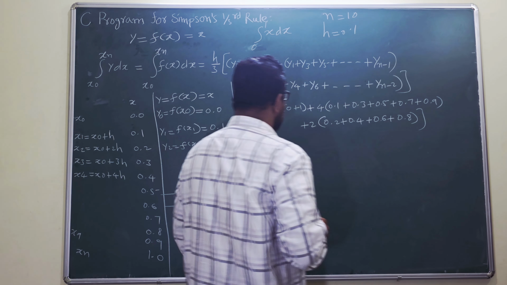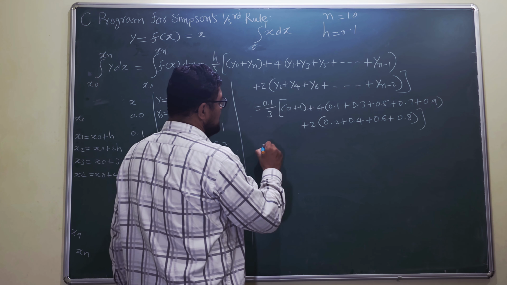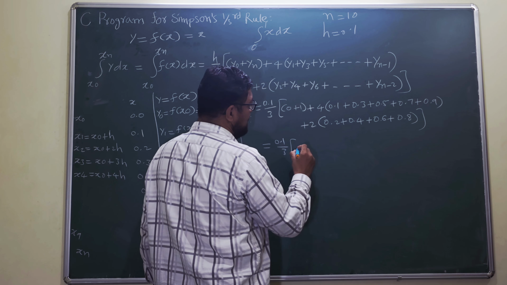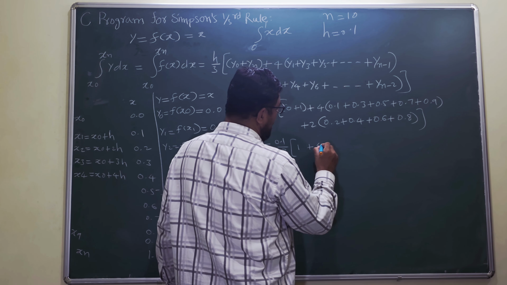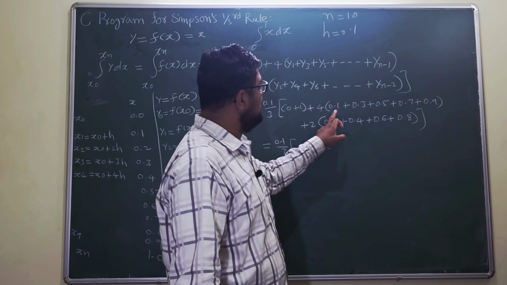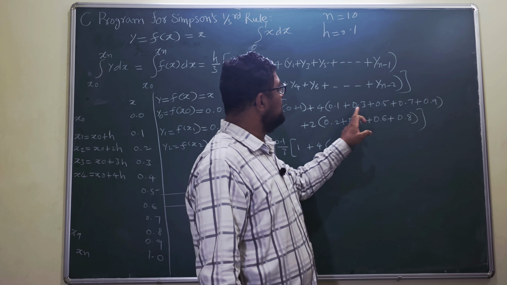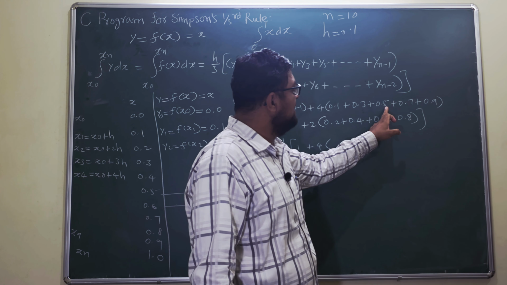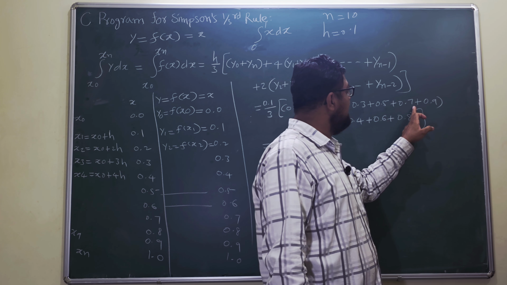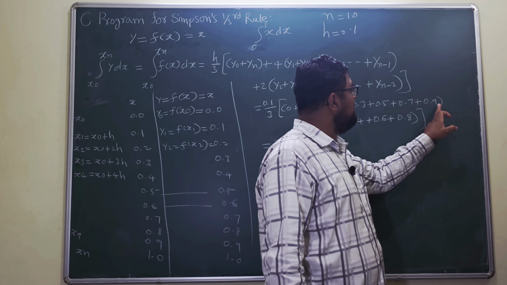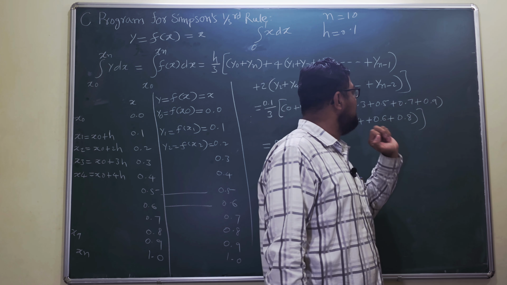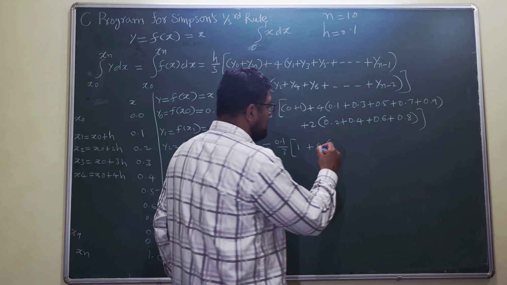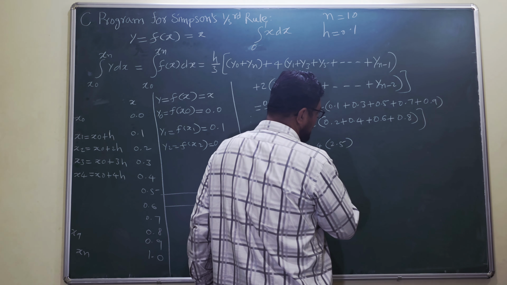Now we will just find out this total. So this will be 0.1 divided by 3, inside the bracket 0 plus 1, so it will become 1, plus 4 times the sum of the odd terms: 0.1 plus 0.3 plus 0.5 plus 0.7 plus 0.9. 1 plus 3 is 4, plus 5 is 9, plus 7 is 16, and plus 9 is 25, and the point will be shifted, so it will be 2.5.